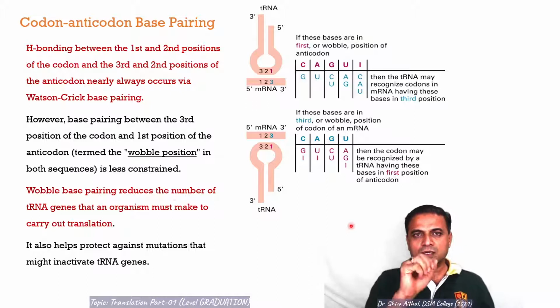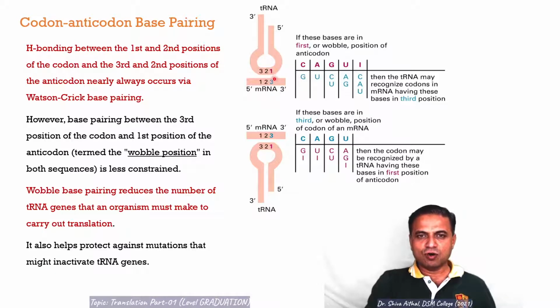So the codon and the anticodon base pairing is to be understood here. The hydrogen bonding between, here you see the laser pointer, the first and the second positions of the codon, and the third and the second positions of the anticodon, nearly always occur via Watson and Crick pairing.